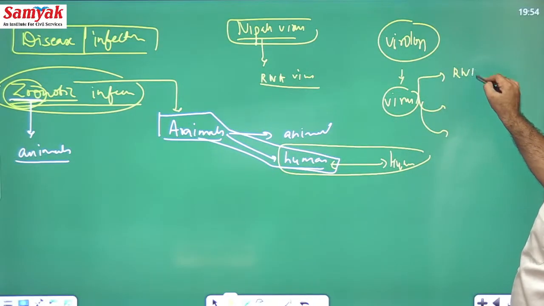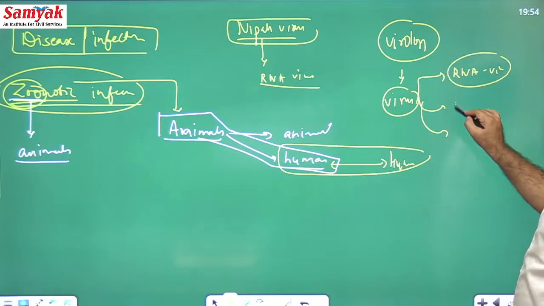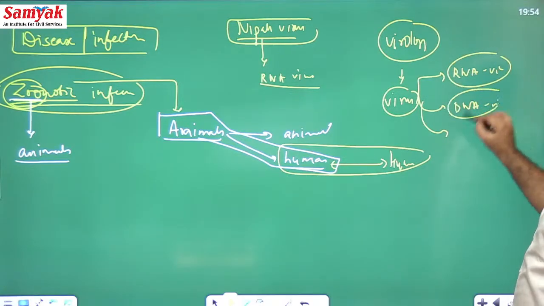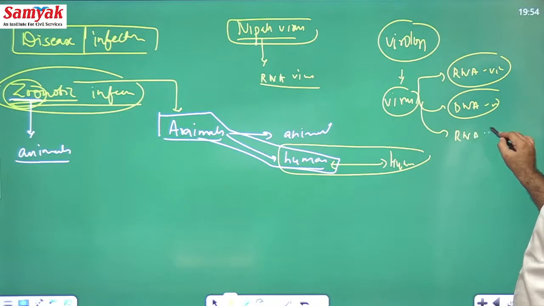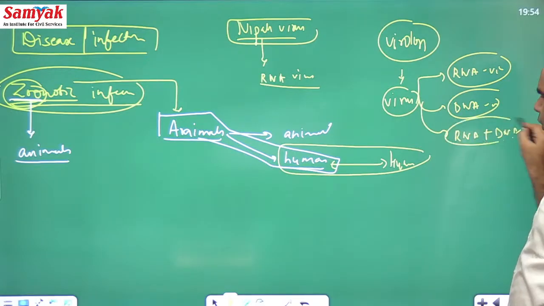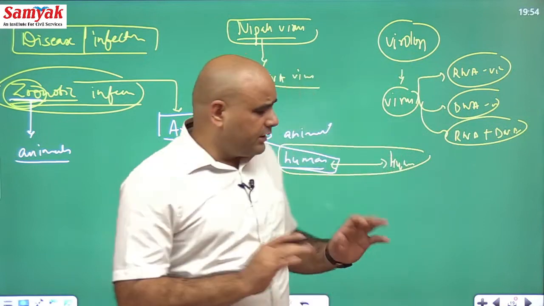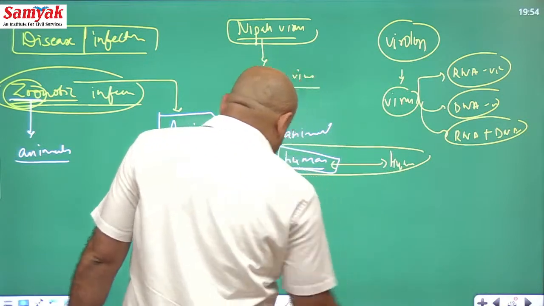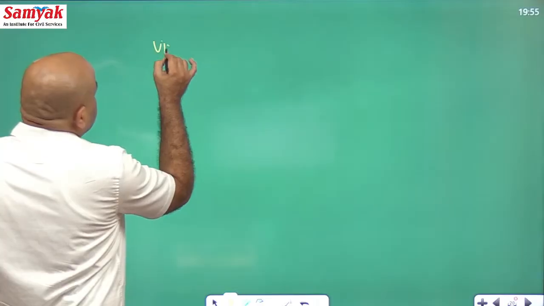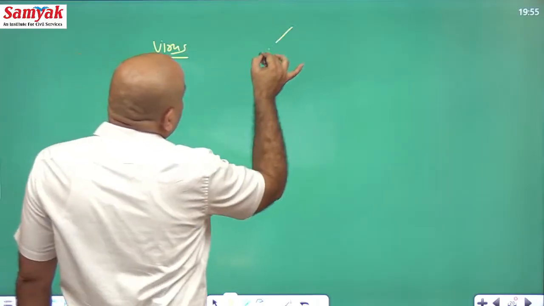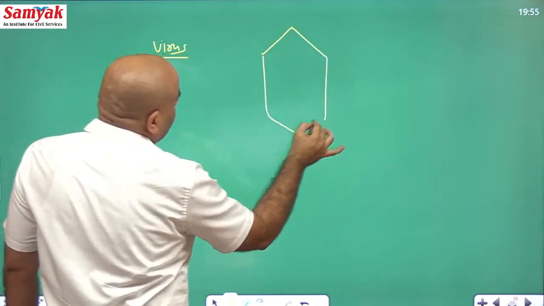One is RNA viruses, second one is DNA virus, and third one is which is containing RNA as well as DNA, both the things as genetic material. First of all, you need to understand, whenever I'm saying virus, that means I'm talking about something which is containing only two things on the name of body.